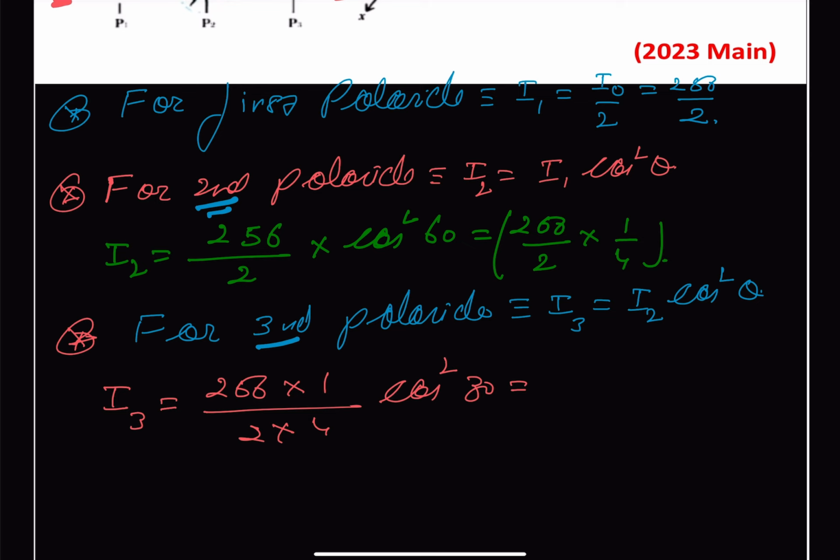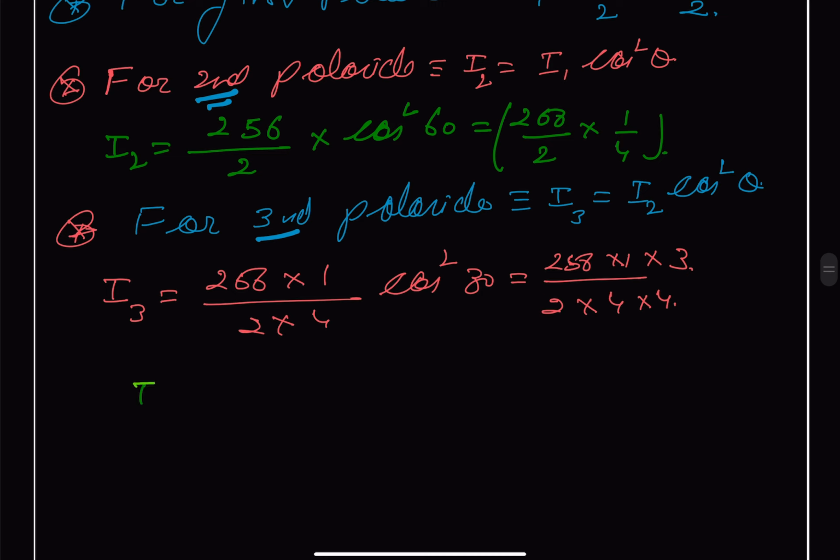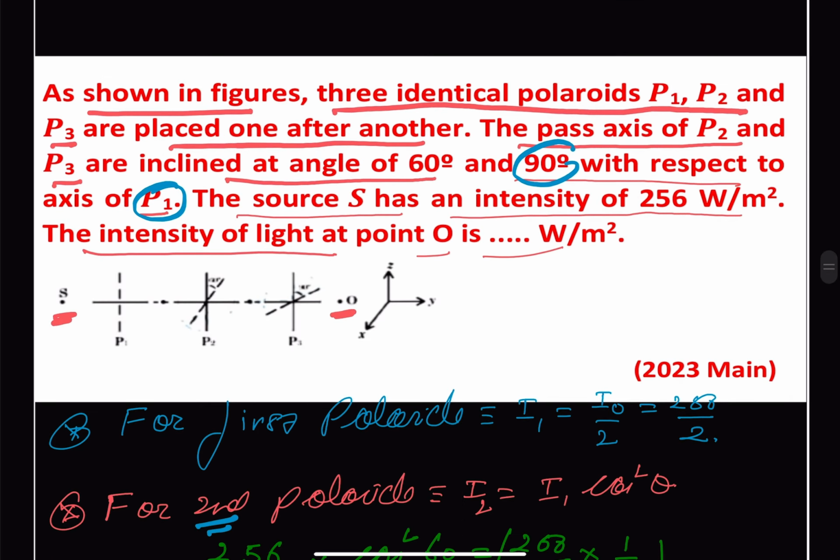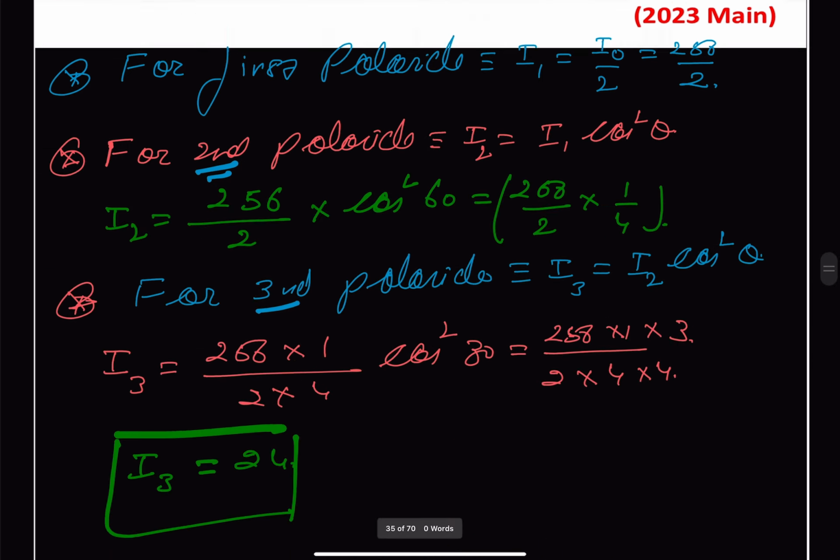So we can write this as 256 multiplied by 1 multiplied by 3 divided by 2 multiplied by 4 and multiplied by 4. So we get our I3 will be equal to 24. So answer is 24. Next question.